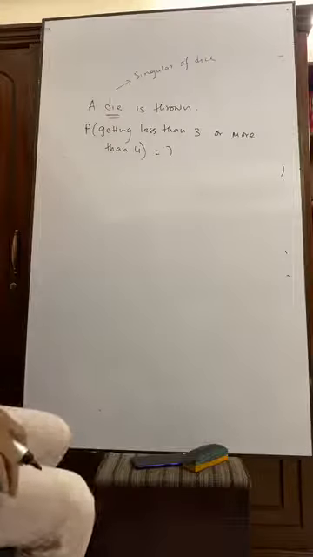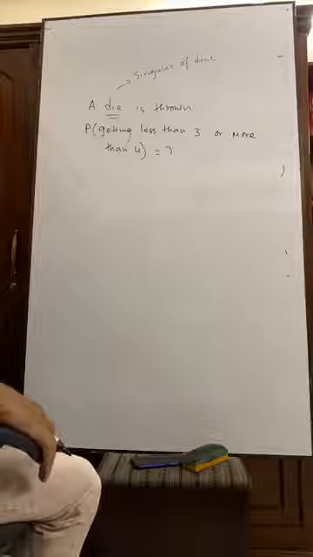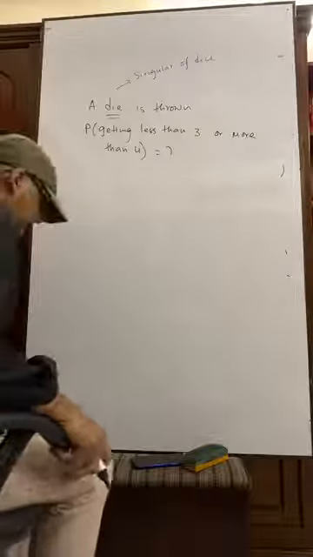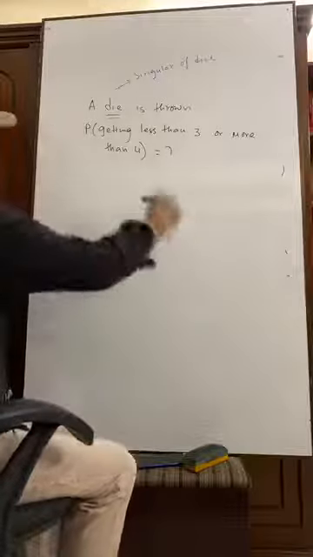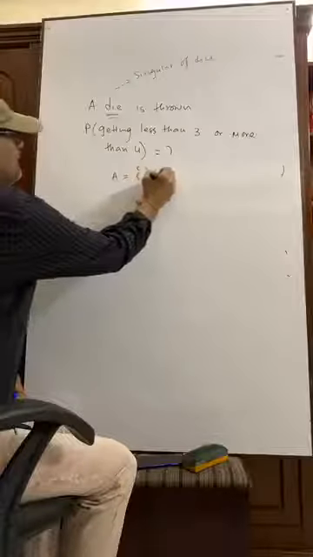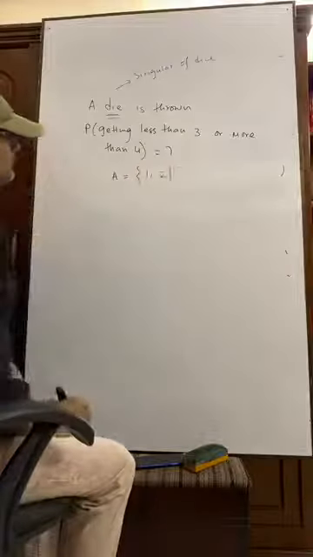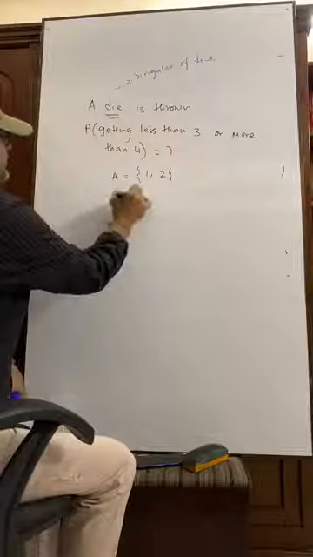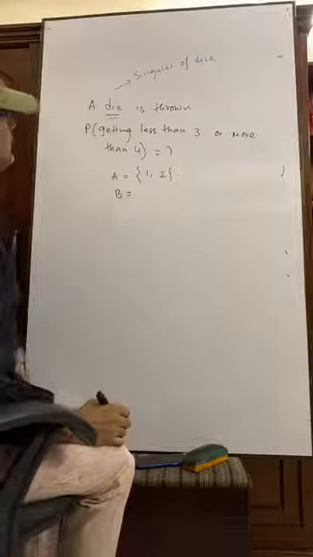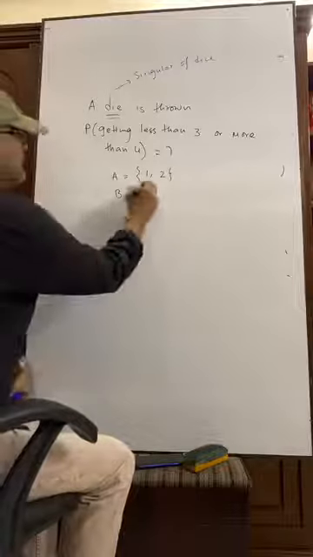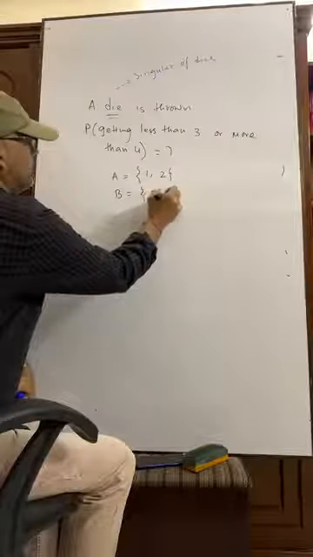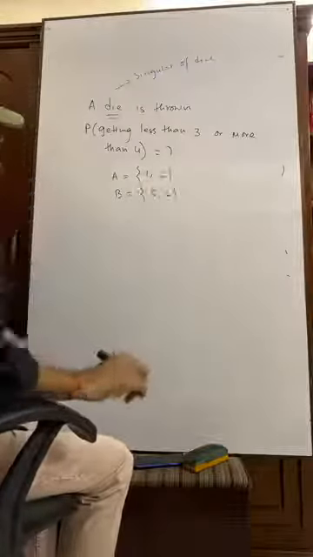Write me. Suppose A is less than 3, which means 1, 2. And B is more than 4, which means 5 and 6. Okay?